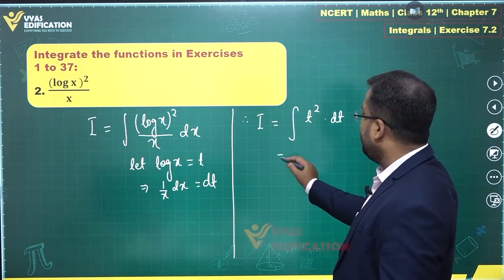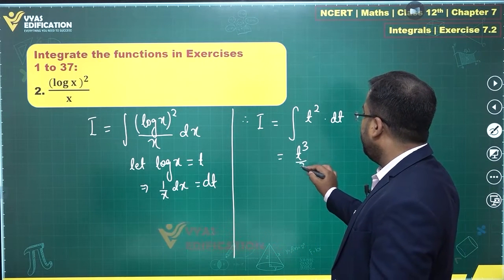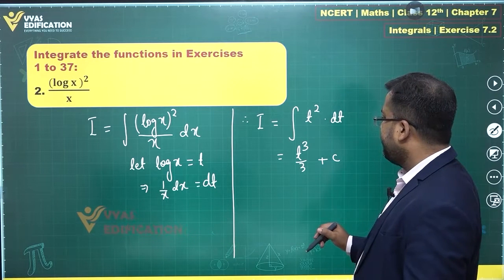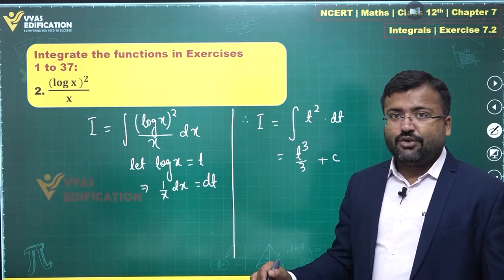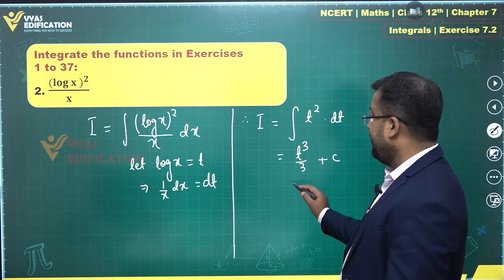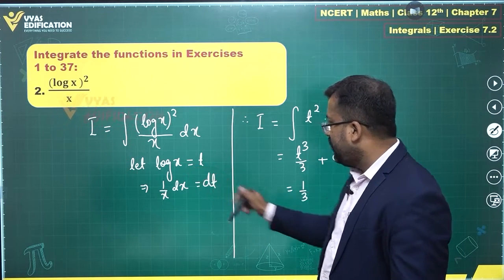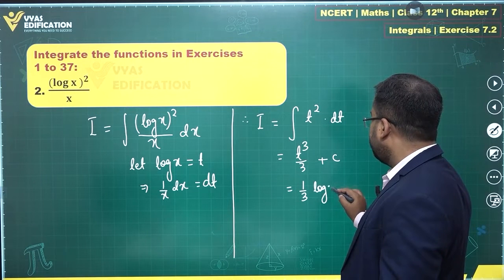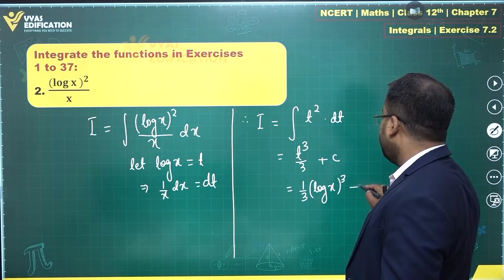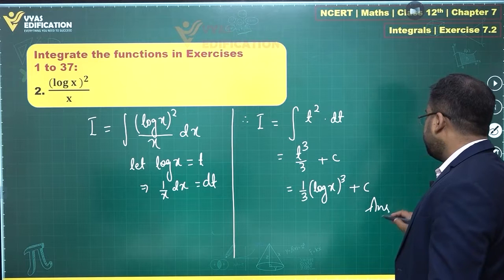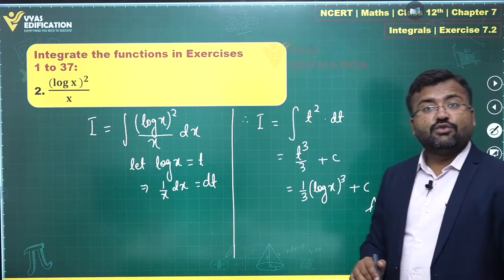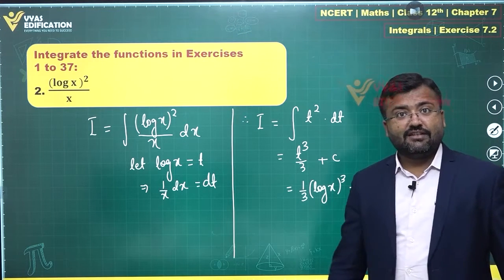The integral will be t power 3 upon 3 plus a constant of integration. And at the end, we need to replace that t in terms of x again. So this is 1 by 3 t power 3, t is log x, right? So this is actually (log x)^3 upon 3 plus constant of integration, and yes, that is the required answer for this question, as you can see.